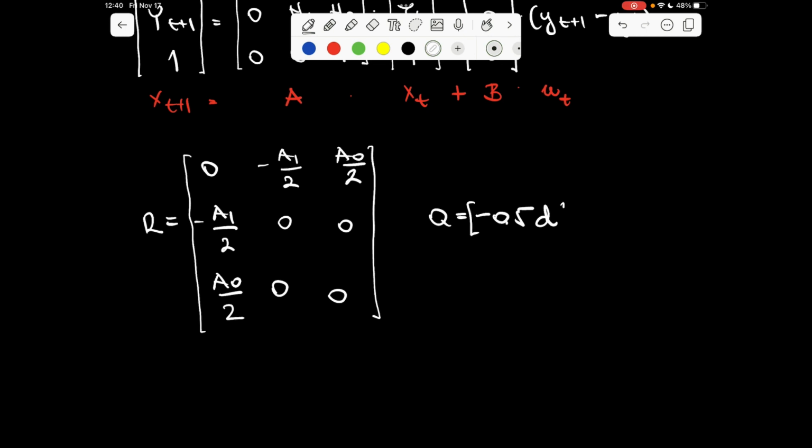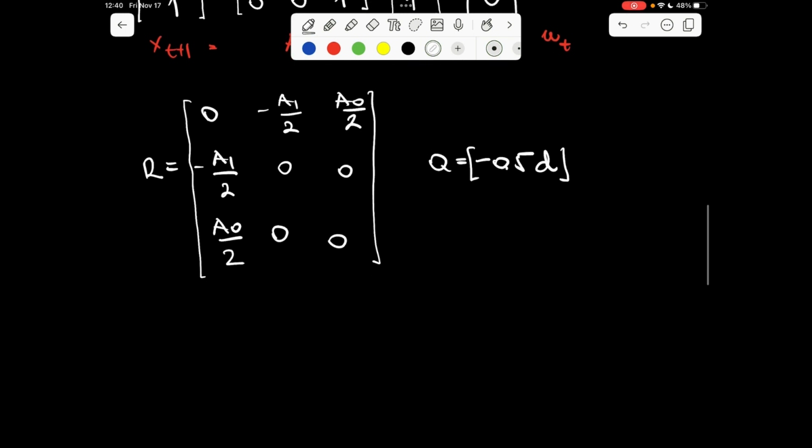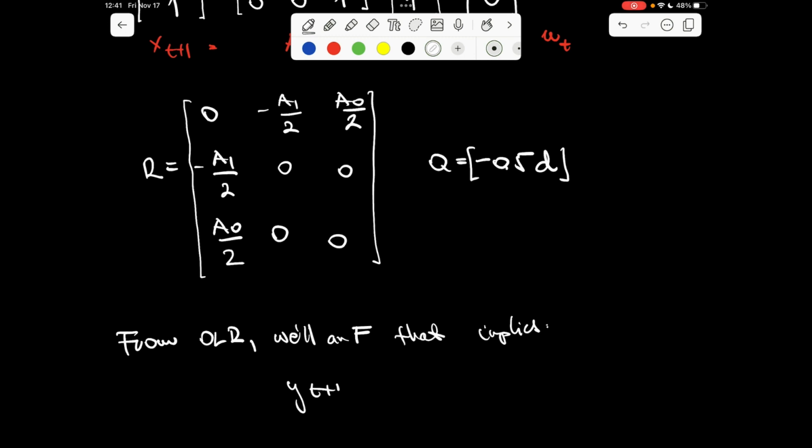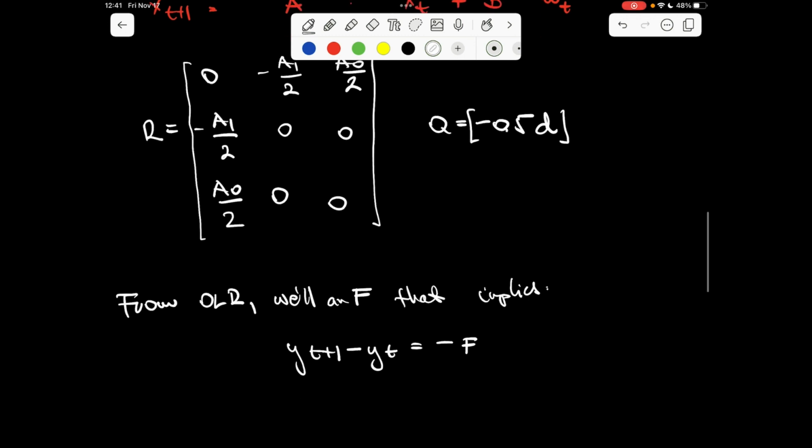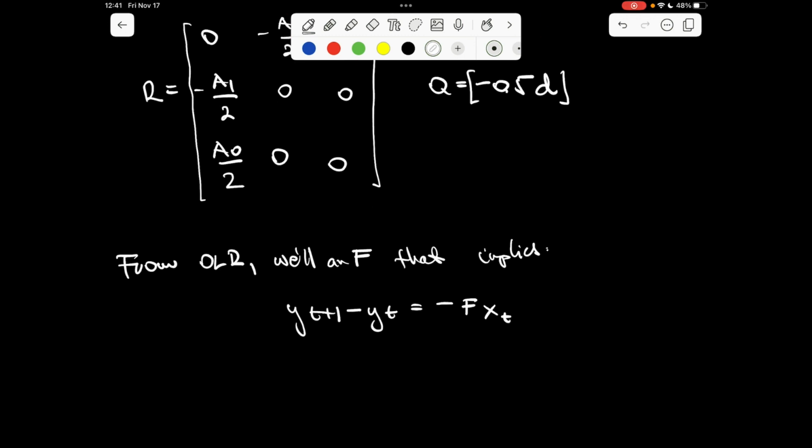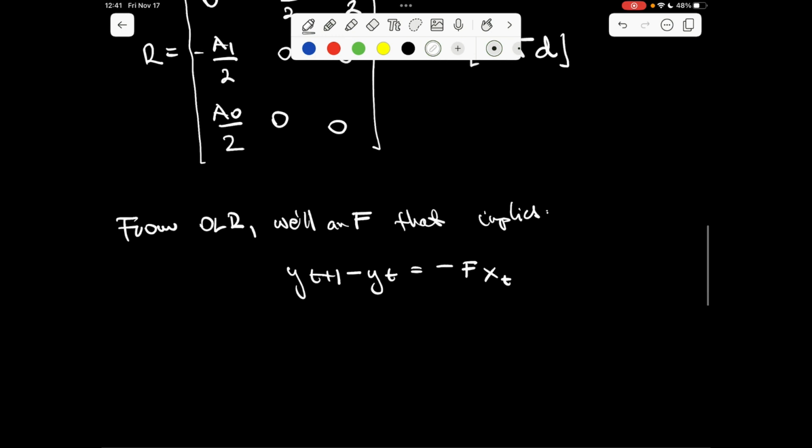It can be written as a 1 by 1 matrix. I think we are fine. And from the optimal linear regulator, we will have a function F that implies the optimal response of the firm to the state.